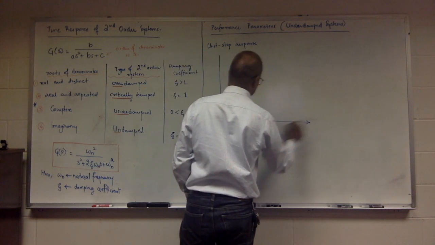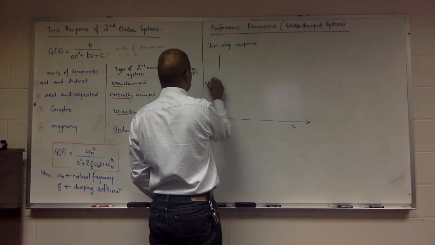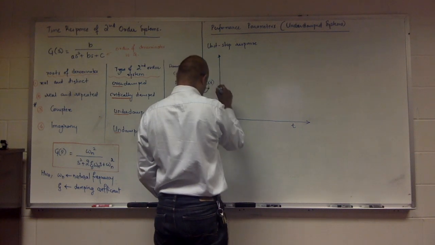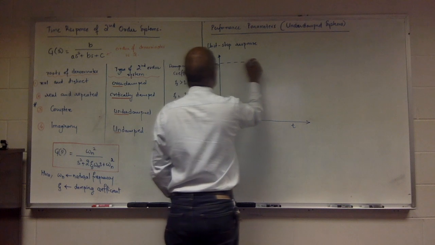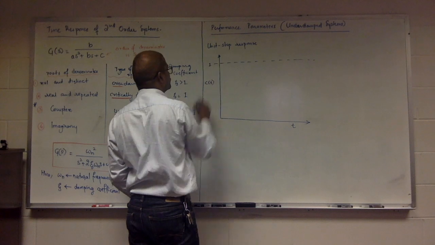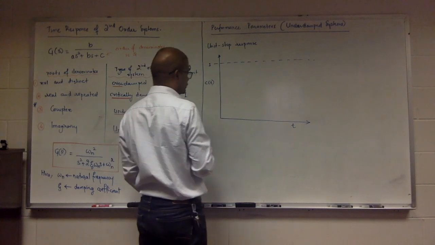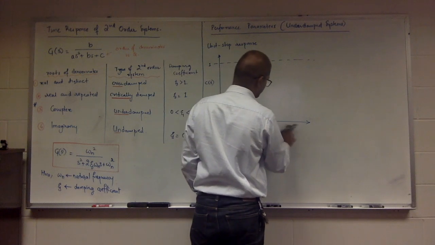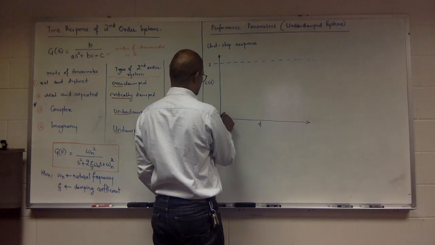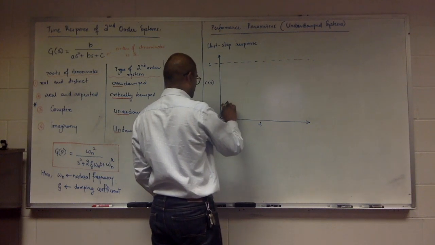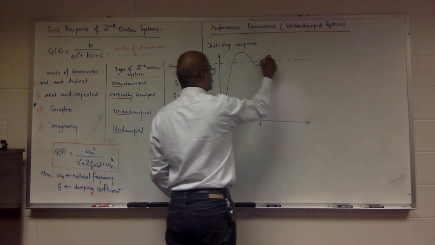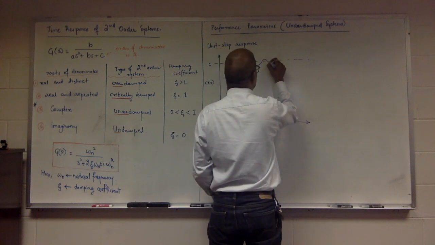So this is the t, this is the C of t. And this is my reference. Since it's unit step response, this will be 1. Okay. If you do a plot of unit step response for an underdamped system, it will look something like this.